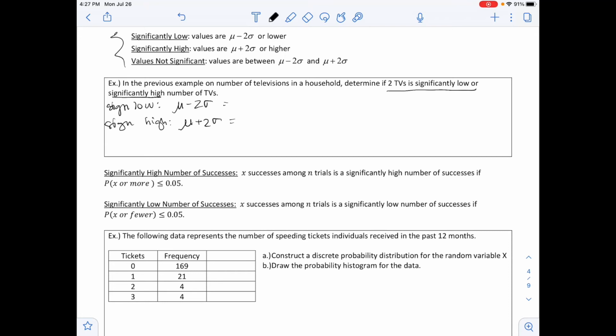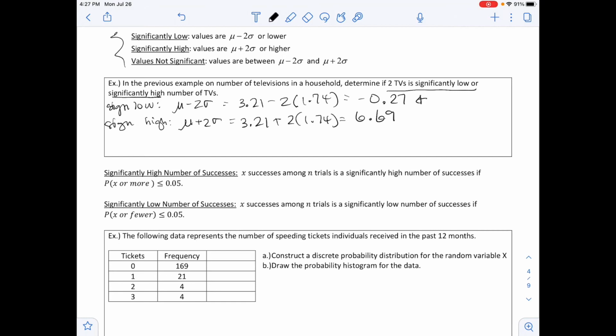We have our mean and our standard deviation from the previous part of the problem. The mean was 3.21 and our standard deviation was 1.74. I'm going to go ahead and write that in for both of these. Significantly low values, working that out, we get a value of negative 0.27. And the significantly high cutoff would be 6.69, getting those from our calculator.